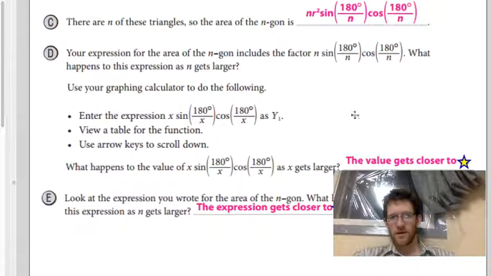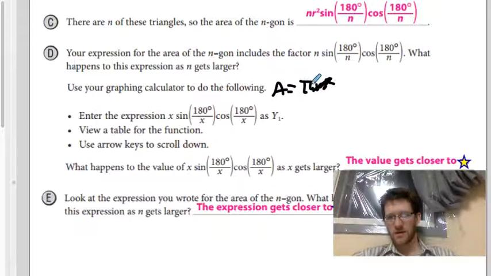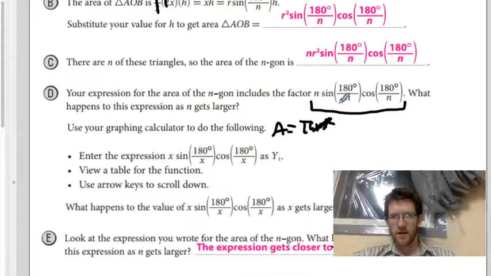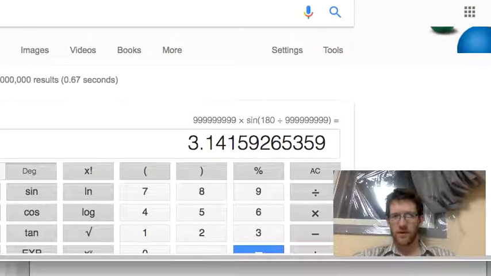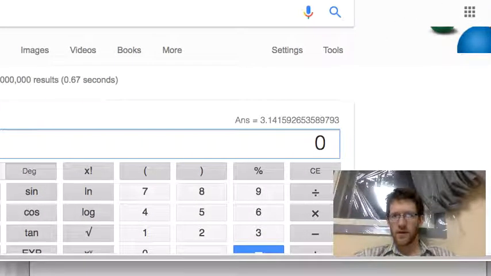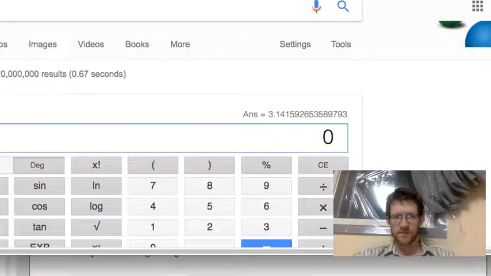Again, we're removing the r squared because we know that the formula is pi r squared equals the area. So if we remove the r squared, we're going to be calculating for pi. So let's go ahead and plug this into our calculator. Remember, it's n times the sine of 180 over n times the cosine of 180 over n, and we'll see what value we get there. We'll try just 99 for starters again.